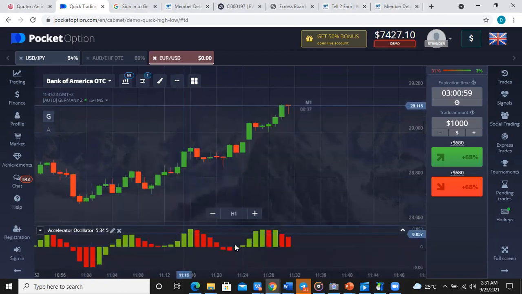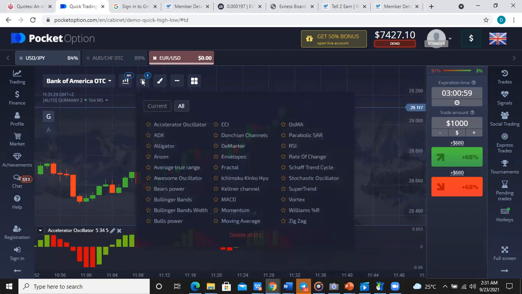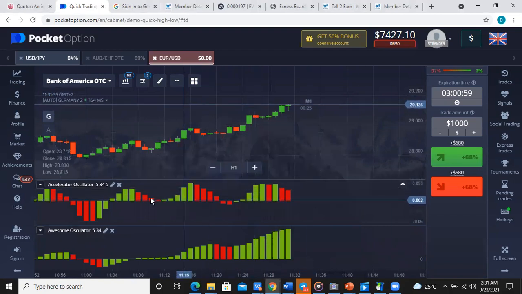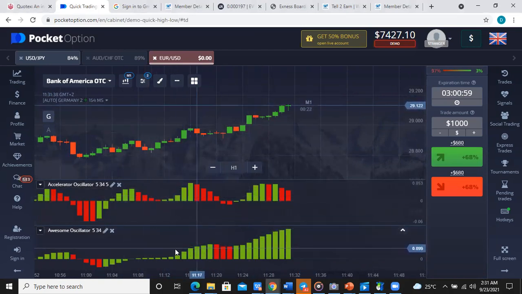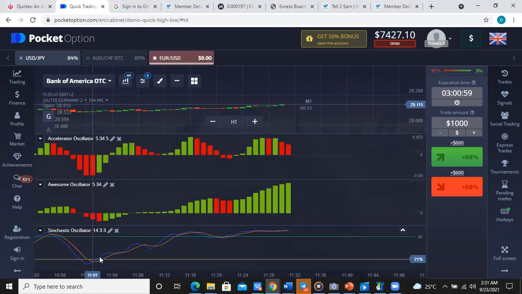Then we have the awesome oscillator here. And then the final one, the stochastic oscillator, here. So I showed you the accelerator oscillator, awesome oscillator, and then the stochastic oscillator. All right, so now let's go back.